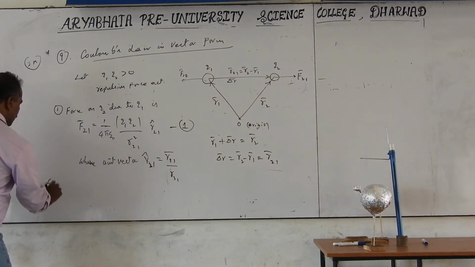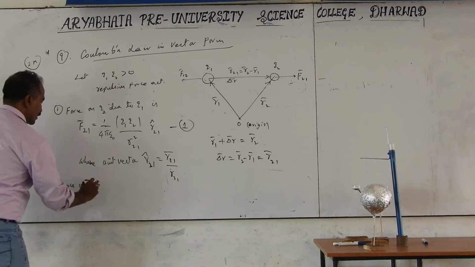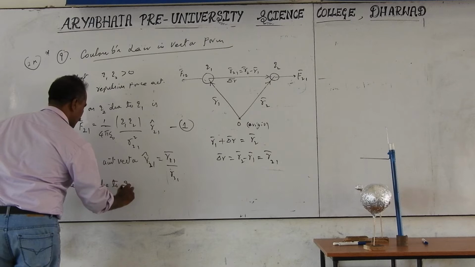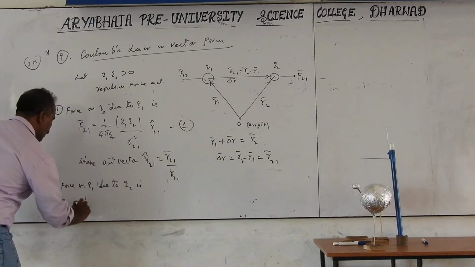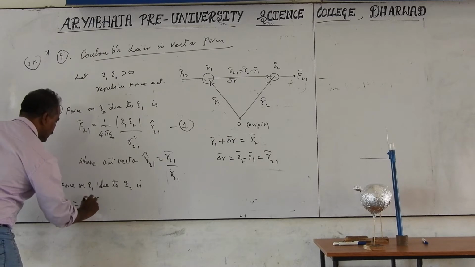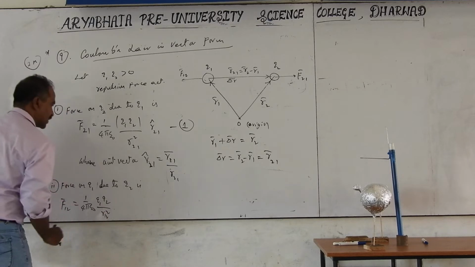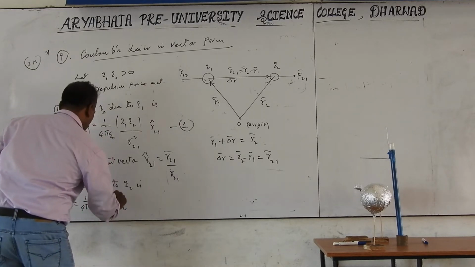Second point: the force on Q1 due to Q2 is F12 equals 1 by 4 pi epsilon naught into Q1 Q2 by R12 square, because R12 equals R21, into R12 cap.